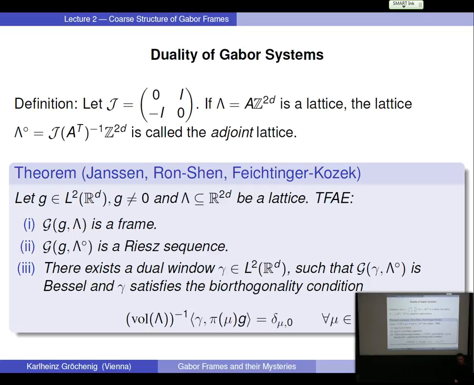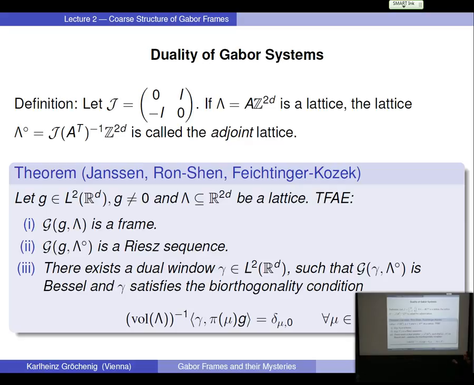Yesterday I spent most of the lecture proving the duality theorem for Gabor systems. If you have a lattice given by a basis, a matrix A, then there's an important object, the adjoint lattice, appearing in the proofs.